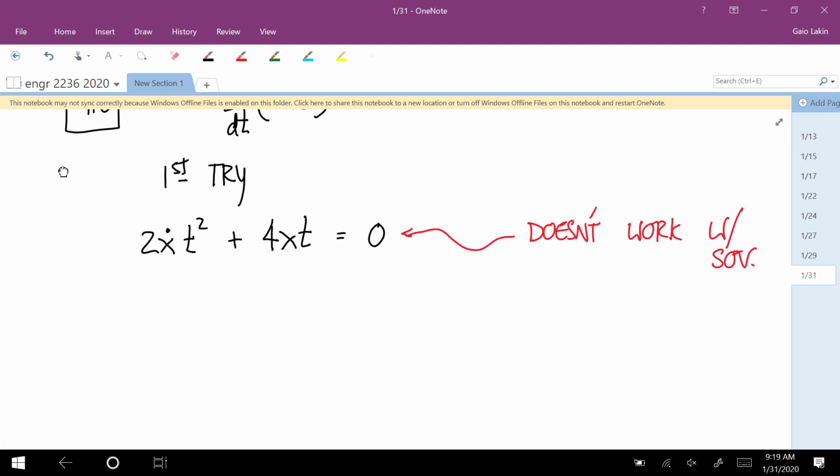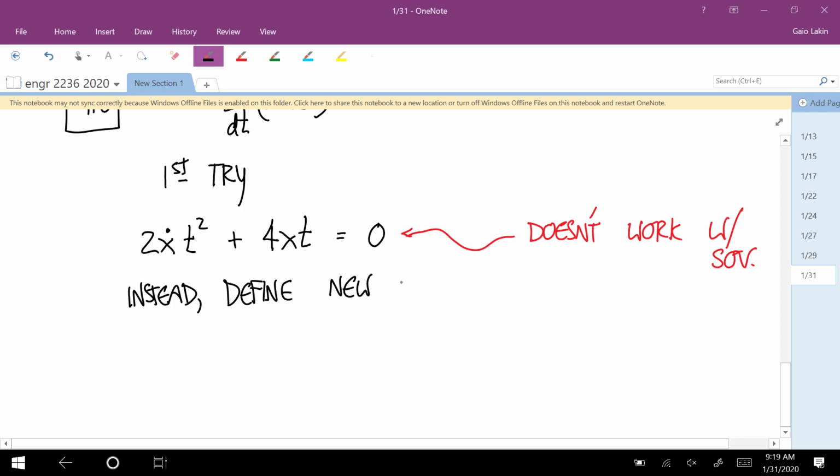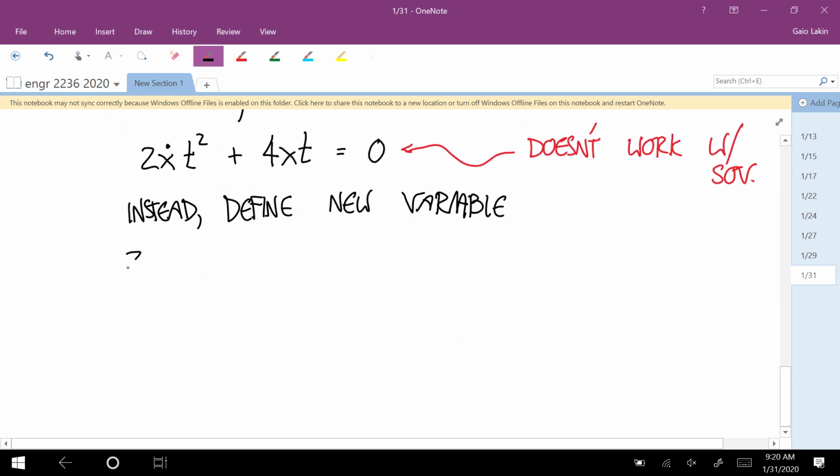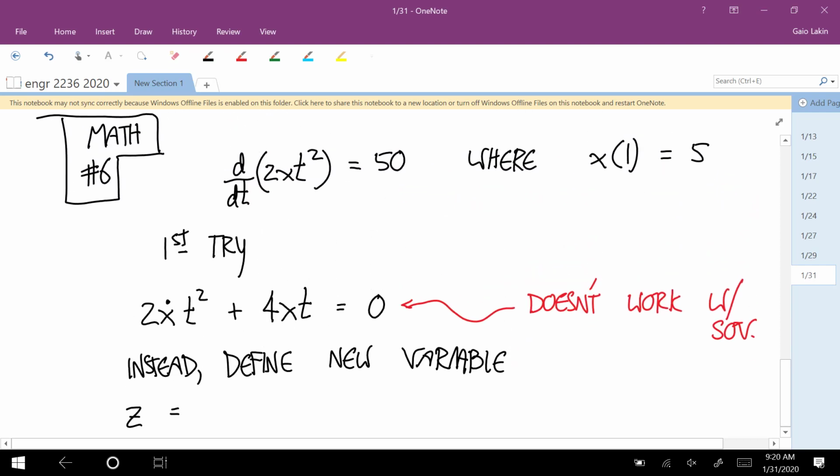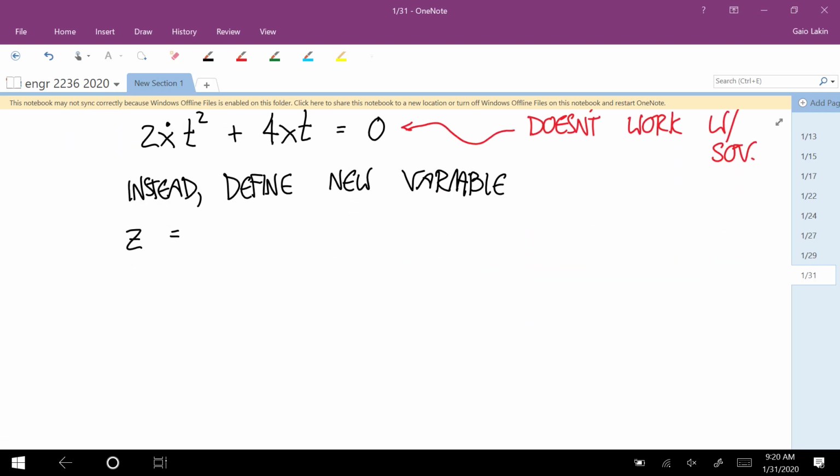But what you can do is just temporarily define this new variable. Let's say z is equal to this thing, 2xt squared. You know, z is a function of time. So whatever x is, it's a function of time, and then we're multiplying it by 2t squared.